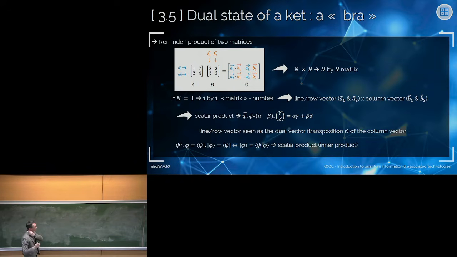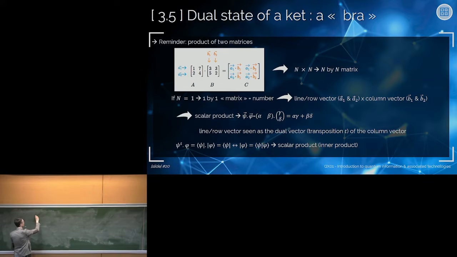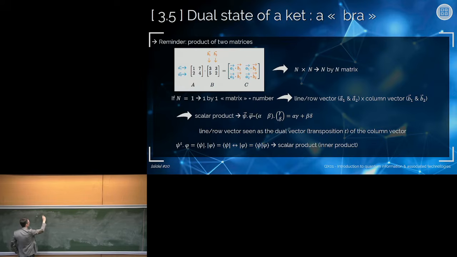If I step back and take two vectors u and v, and I want to get the scalar product, which we will call the inner product, but it's the same thing.